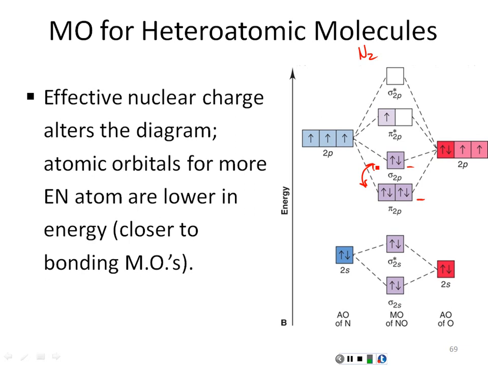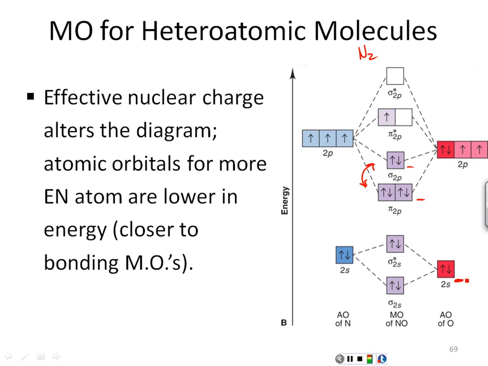What you should know when you're trying to form molecular orbitals with a heteroatomic molecule is that the effective nuclear charge is going to alter the diagram. What that means is atomic orbitals for the more electronegative atom are going to be lower in energy. We see that here.